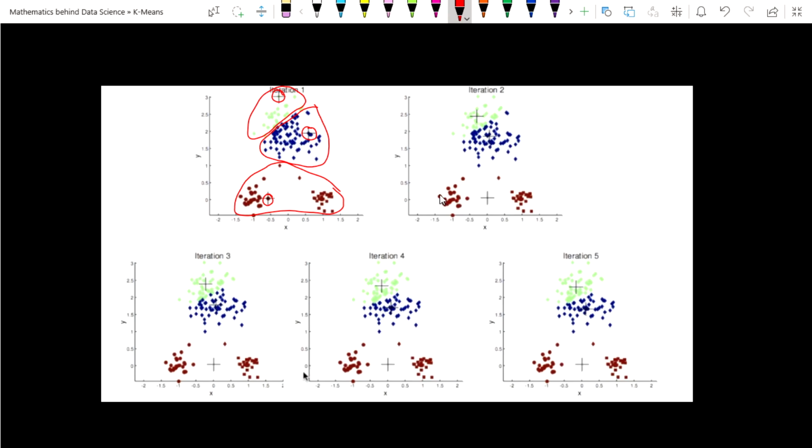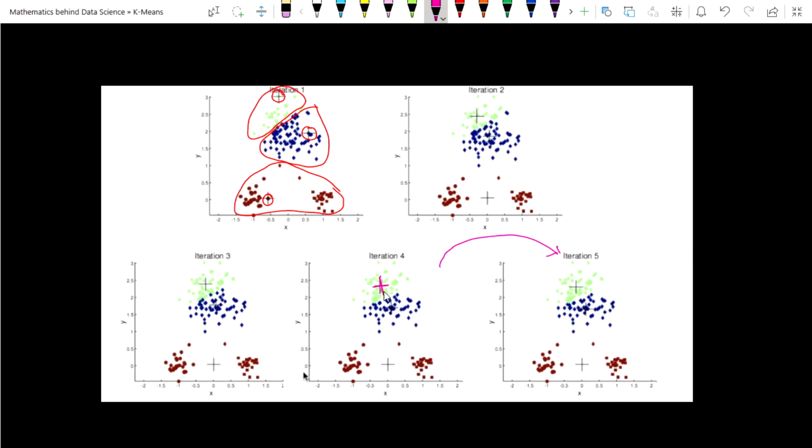The same continuous process we keep doing. But just see iterations 4 and 5. At the end of these iterations our centroids do not change much.